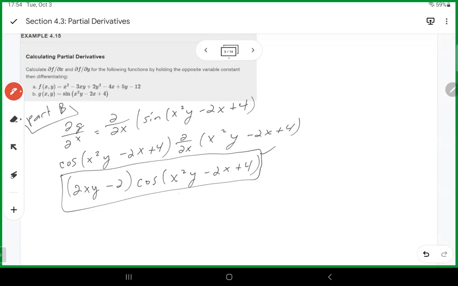And then now we have to do it with respect to y. So g with respect to y.